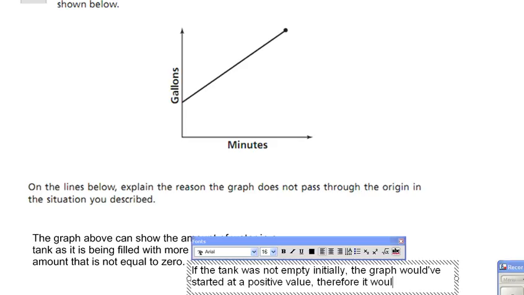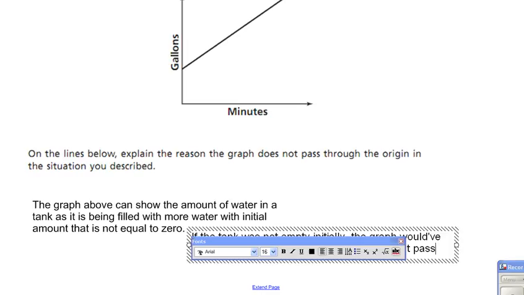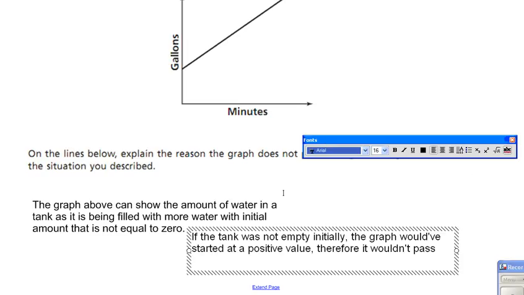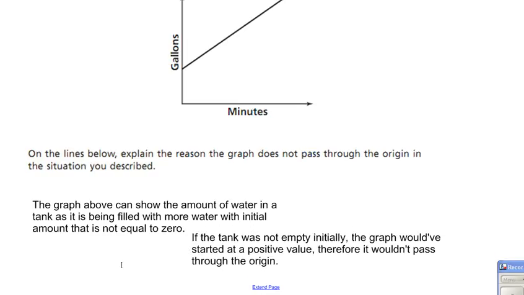Therefore, it wouldn't pass through the origin. Alright, so that's basically what we can say.